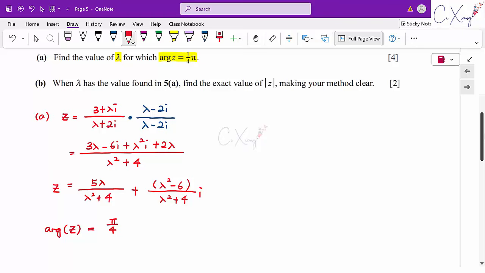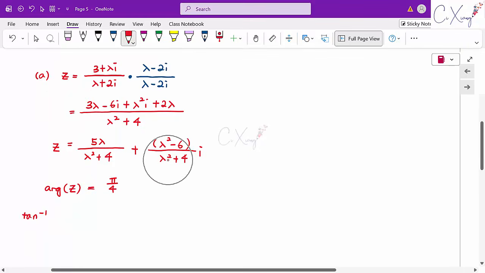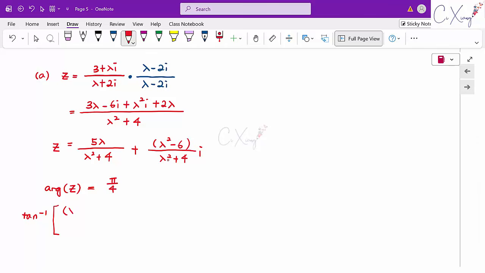My b is the y, so b over a is lambda square minus 6 divided by lambda square plus 4, divided by the x, which is 5 lambda over lambda square plus 4. This is the argument of z, which equals pi over 4.